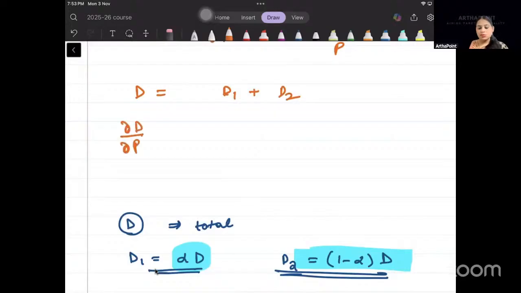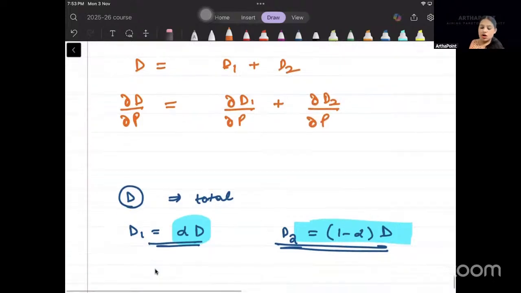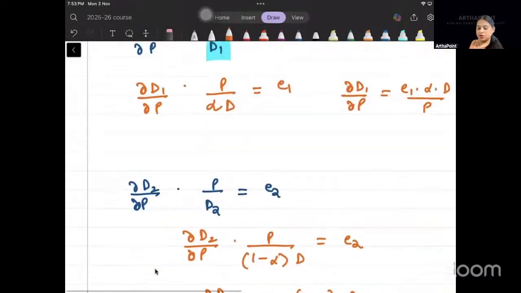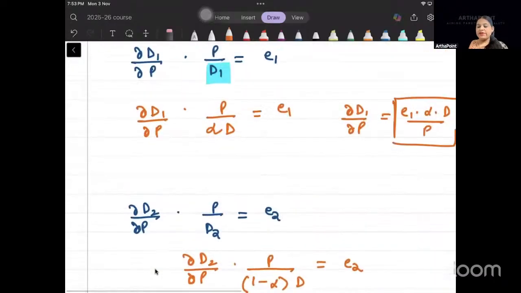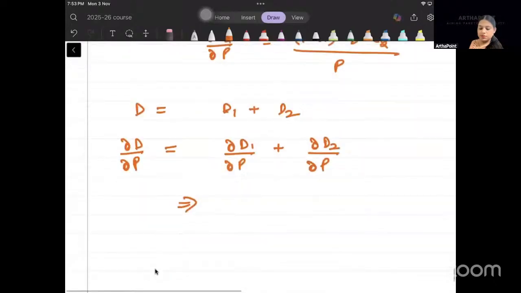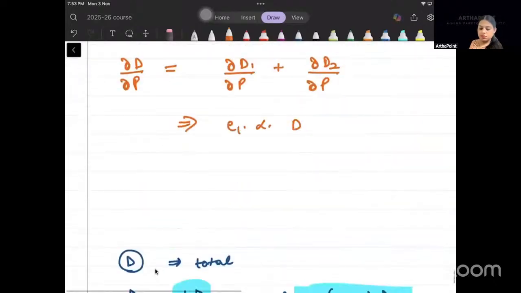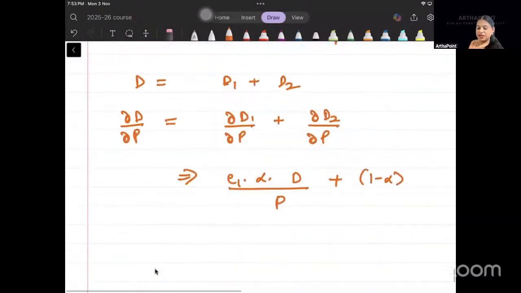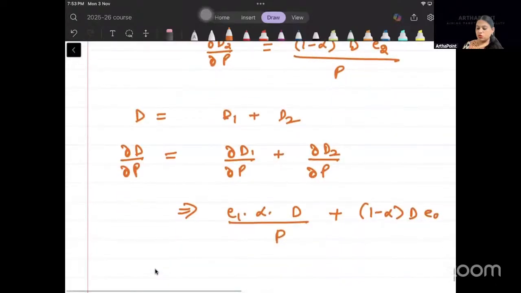So this will be how D1 changes as P changes plus how D2 changes as P changes. How D1 changes as P changes, I have solved here: E1 alpha D by P. And the second one I have solved here: (1 minus alpha) D E2 by P.